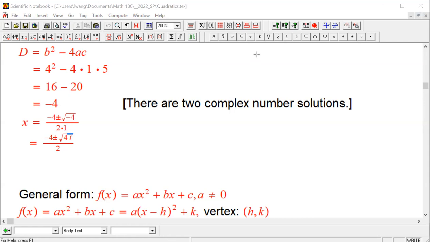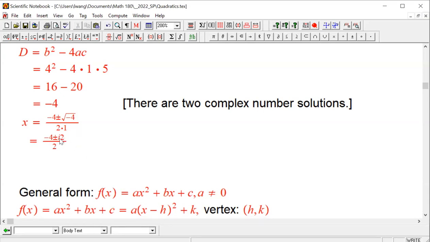For that reason, I'm going to put the I in front of it. So this will avoid a lot of problems. Square root of 4 is 2, so you can write I times 2, or just 2 times I. 2 times I is fine.